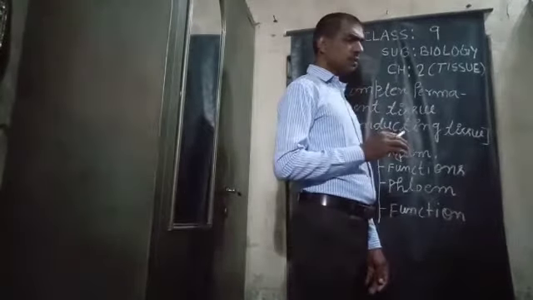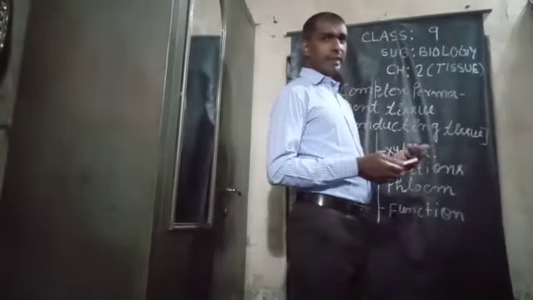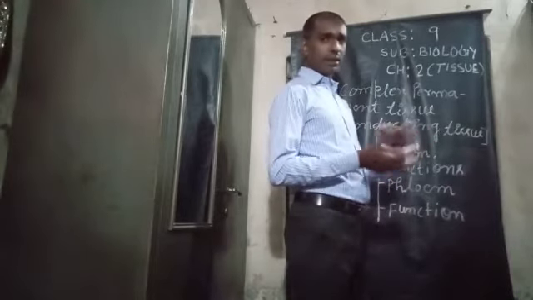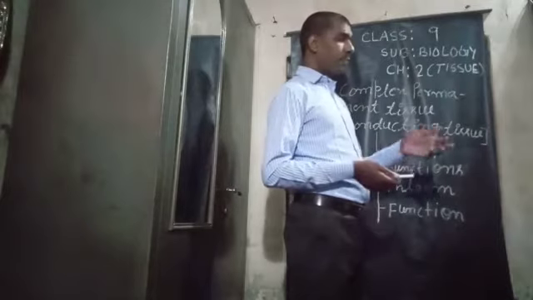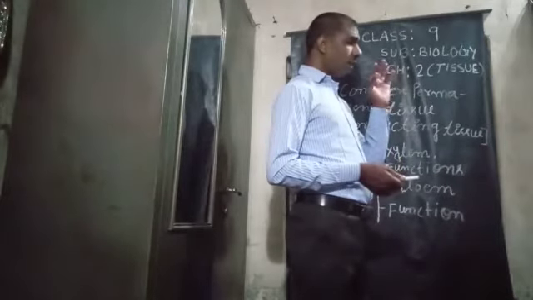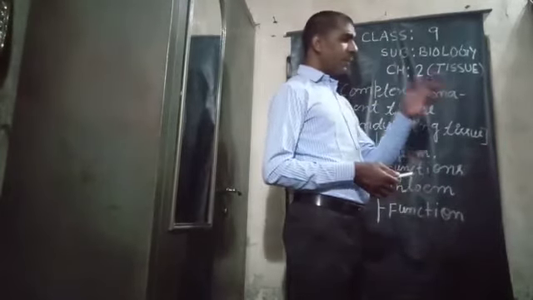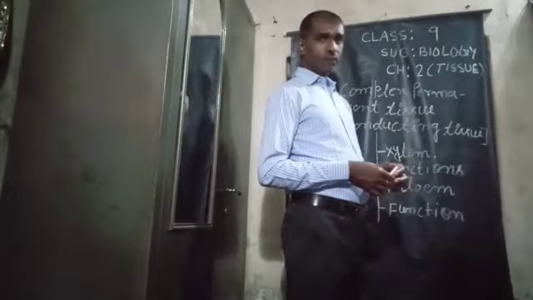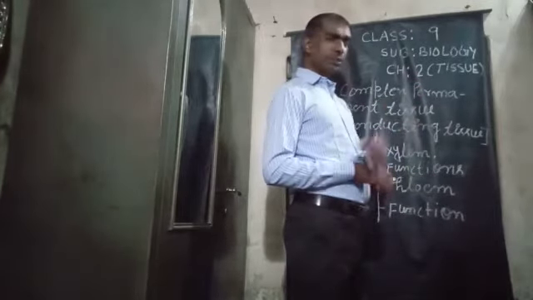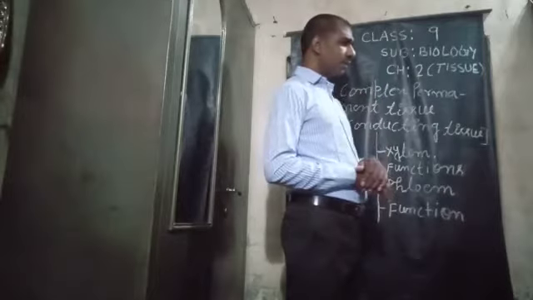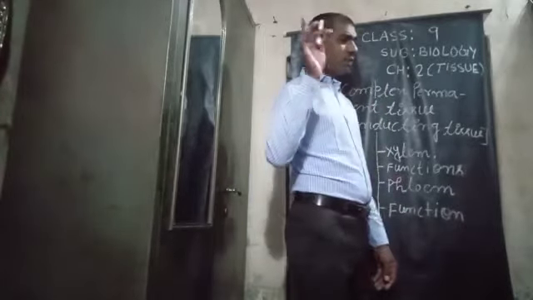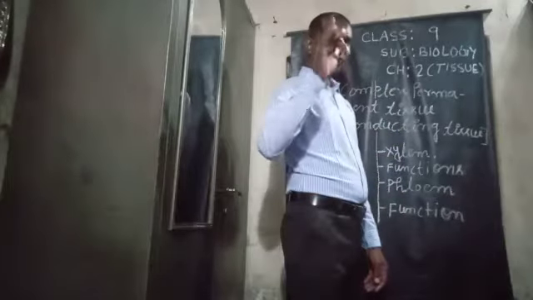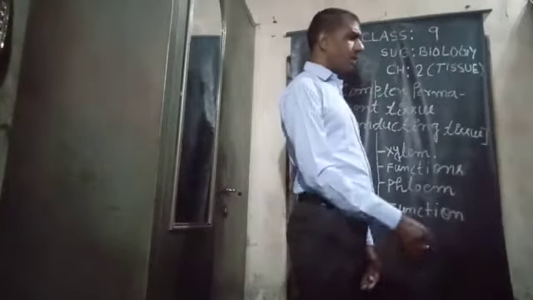We are going to describe each of the elements of phloem tissue in detail. Our first element is sieve tubes. The second element is companion cells. The third element is phloem parenchyma, and the fourth element is phloem fibers.